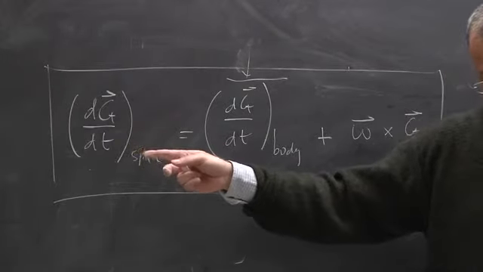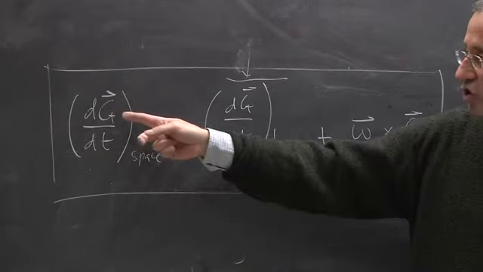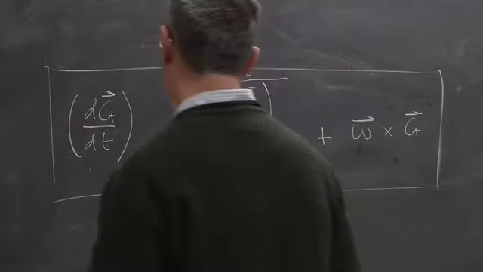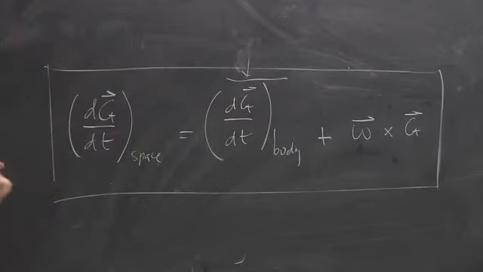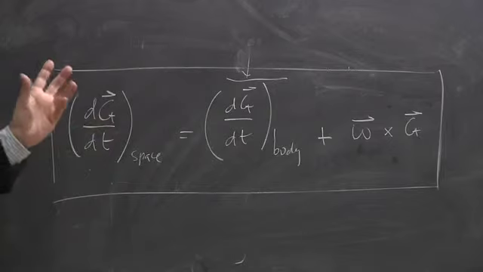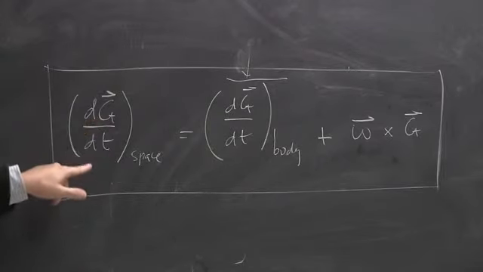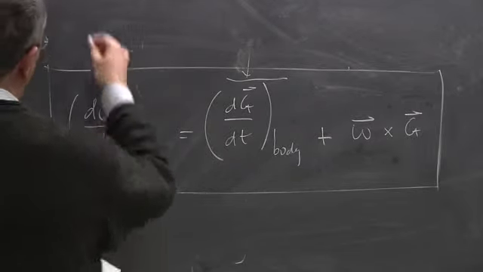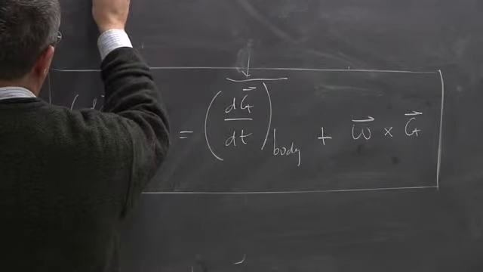So I said, let's take this G to be the position. Let's say I want to compute the velocity of a point mass using this formula, right? I put S for space.